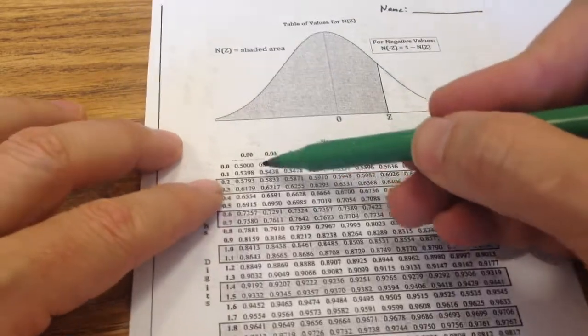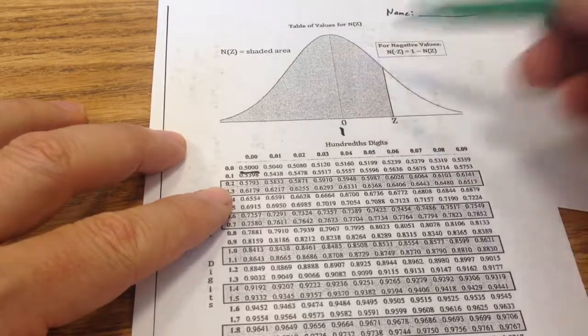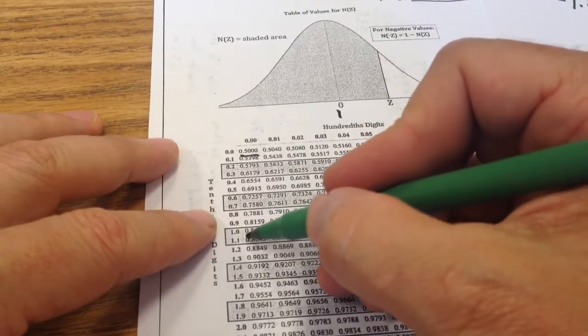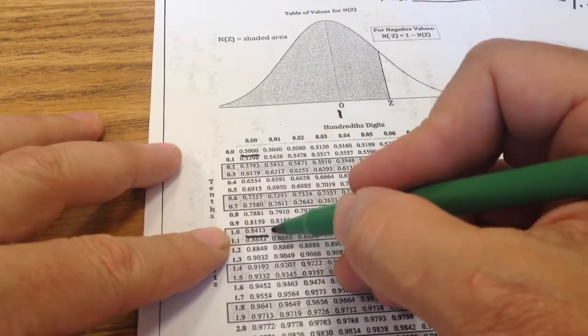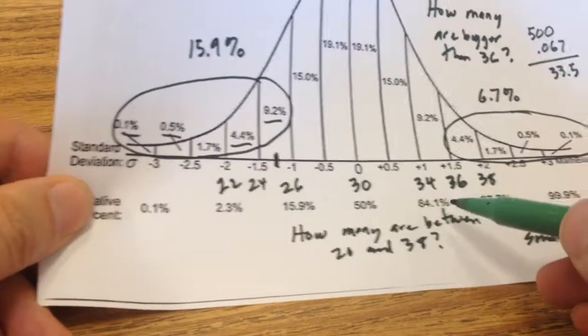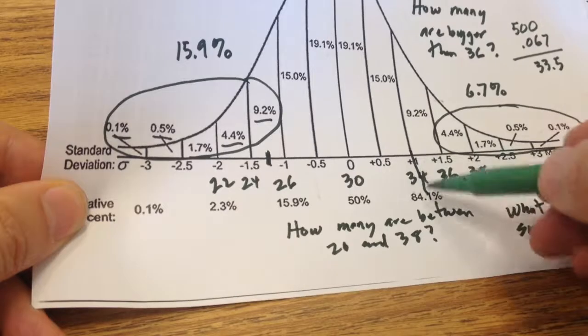So you'll notice it starts at 0.5 because at 0, there's 50% below this line. And if I go up 1 standard deviation, it's actually 84.13%. If I flip it over, I can see that, oh yeah, 84.1, this is cumulative. That's where 1 is. So that matches up.